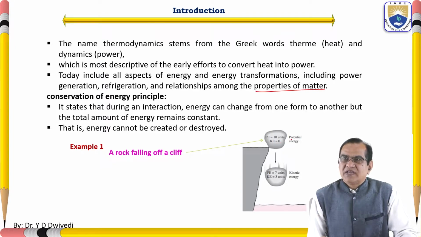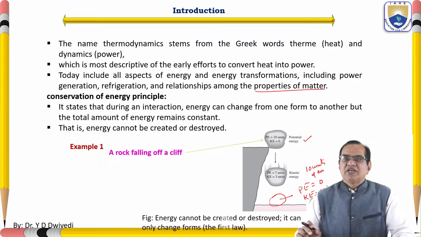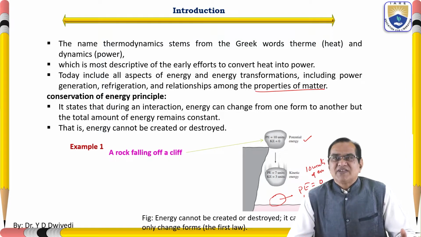So here we only have potential energy, but if you drop it from here, after some height the potential energy is now 7 units and the kinetic energy is 3, so still we have 10 units of energy. And if you reach the ground, here you will have PE equal to 0 and KE equal to 10. So at each point you have the same amount of energy, and this is called the conservation of energy principle.